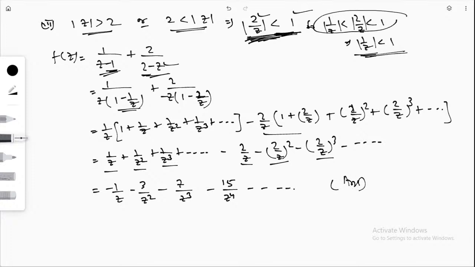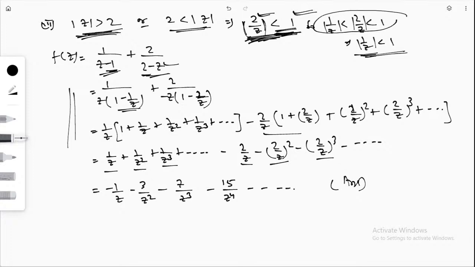Whatever the region is given to you, where the expansion is valid, accordingly you have to do the steps. The important step is you have to draw this thing. If mod z is greater than 2, then 2 is less than mod z, then 2 by z is less than 1. So the right hand side is less than 1. So one series expansion is about this 2 by z.